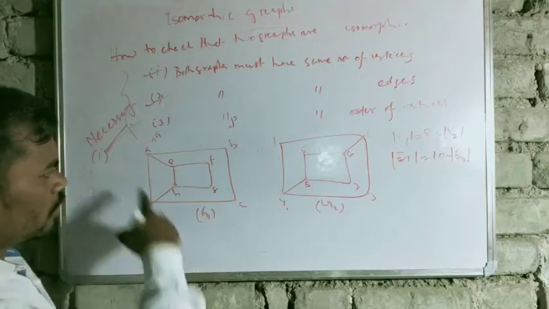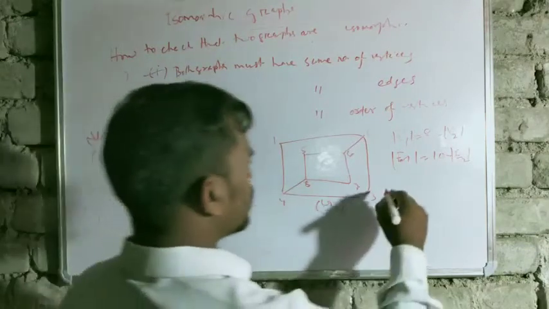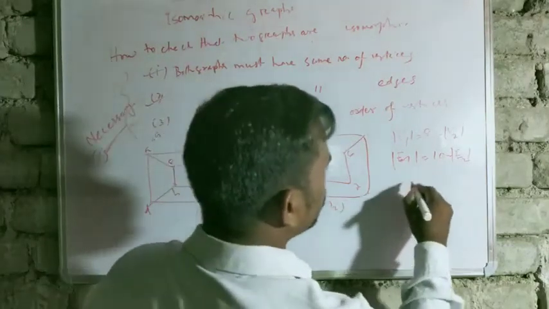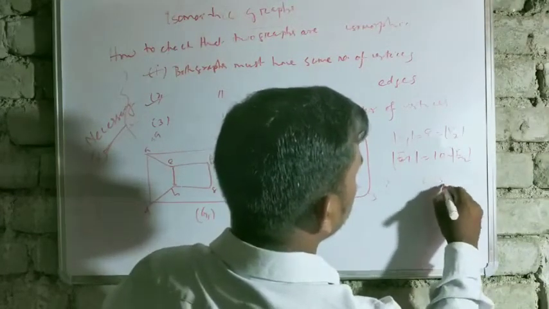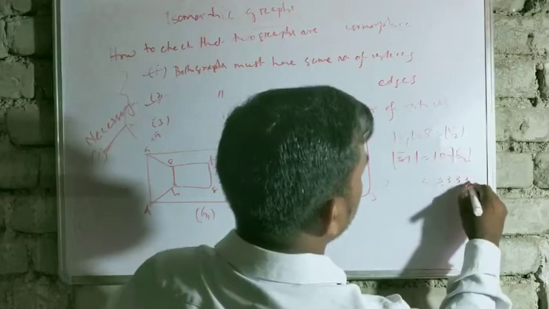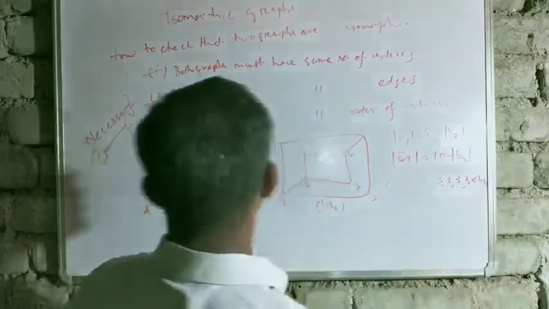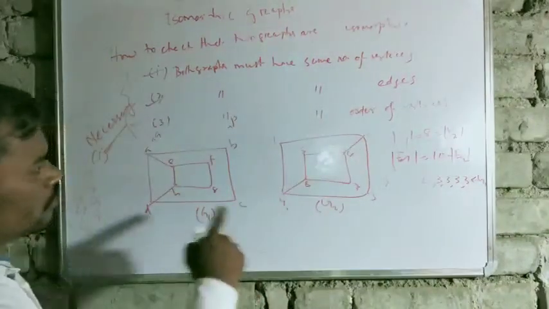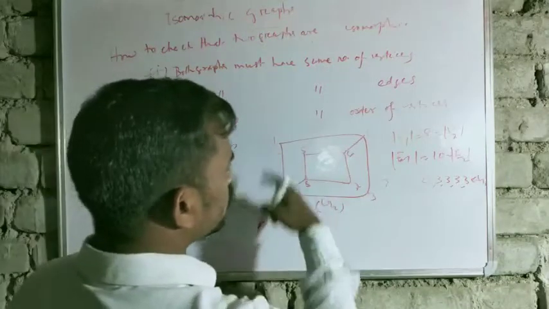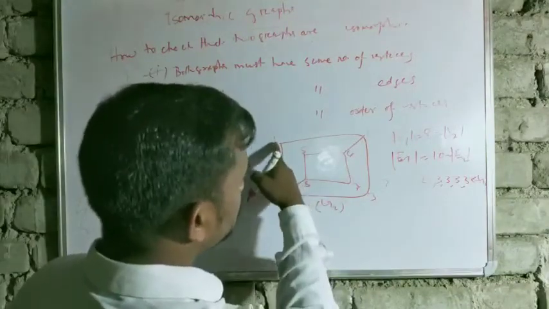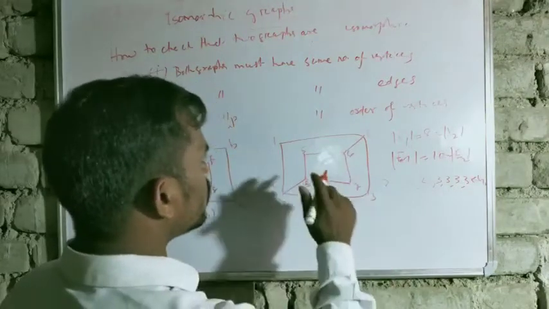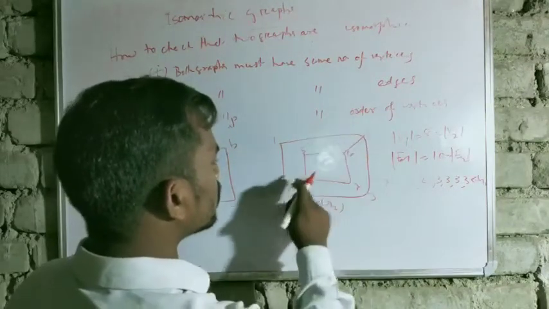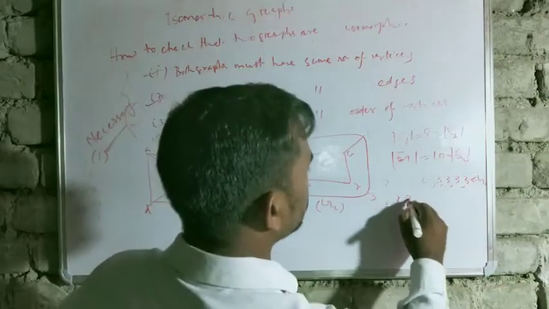So for G1, there are four vertices of degree 2 and four of degree 3. Similarly for G2, there are four vertices of degree 2 and four of degree 3. This is also the same.